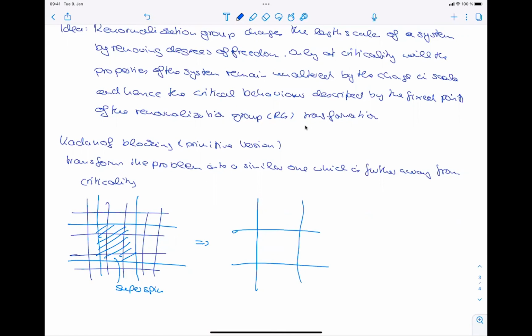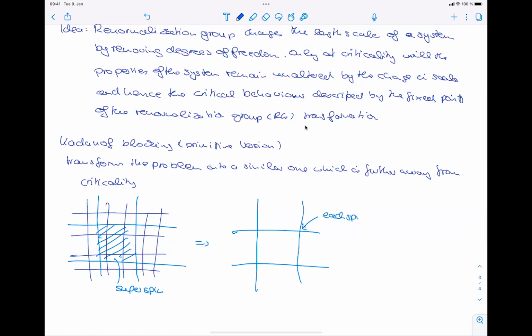In this case, the distances are twice as large. And then here I define new spins, and each spin comprises the info of the previous lattice. And in principle I can keep going with this method on and on. So I keep coarse graining.